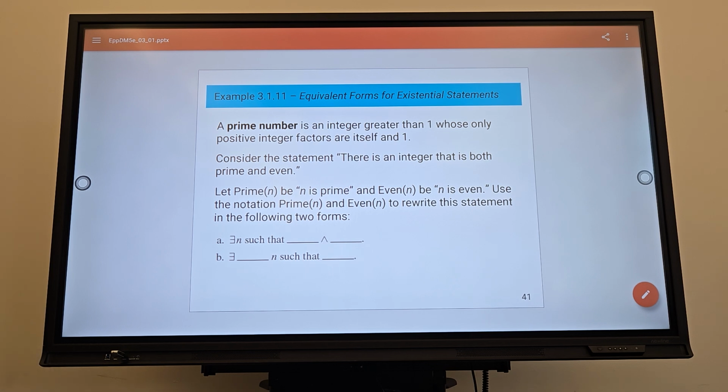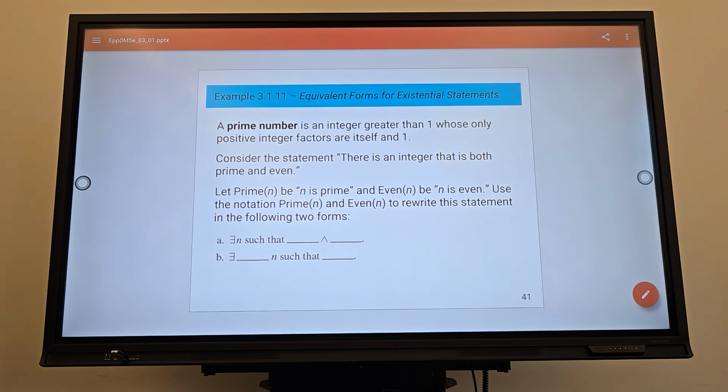There exists an n such that prime(n) and even(n).